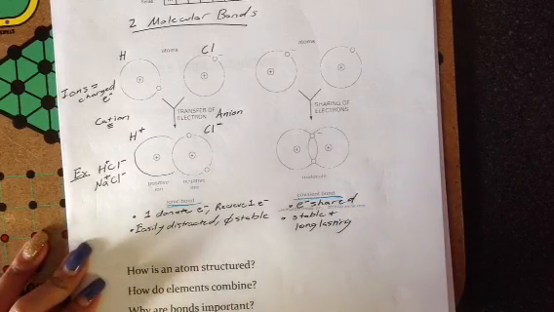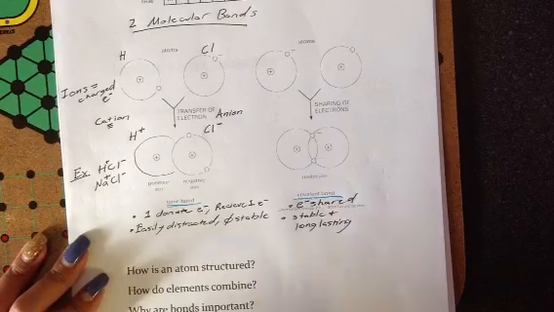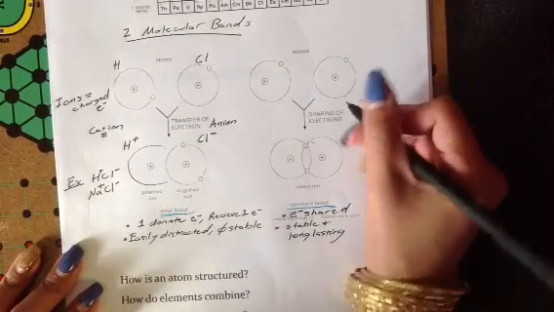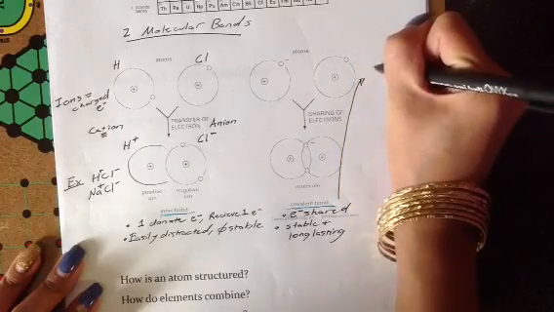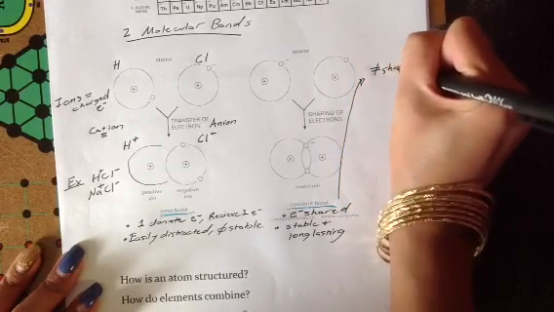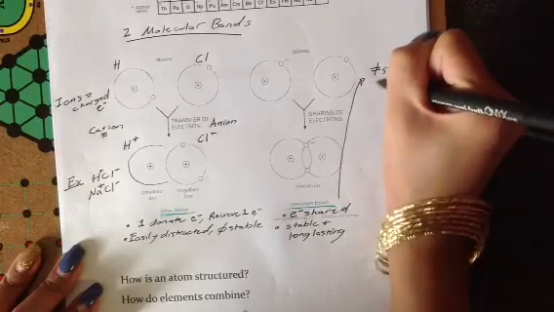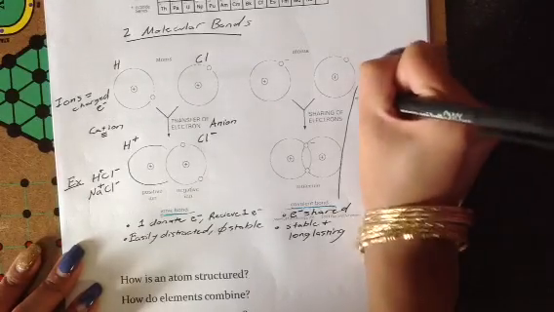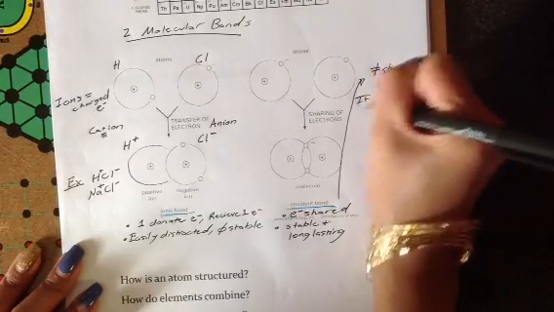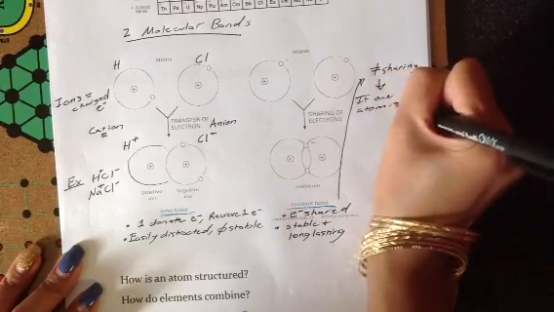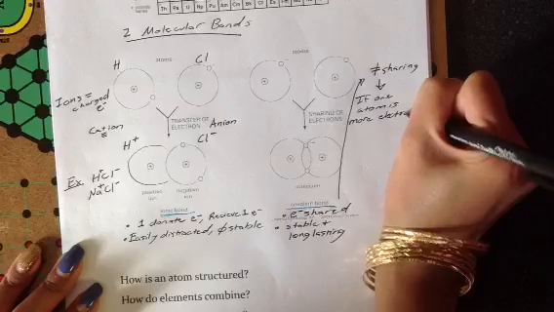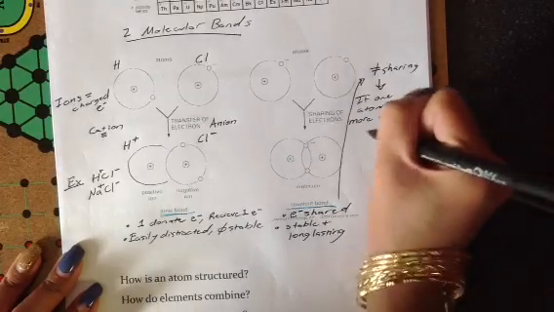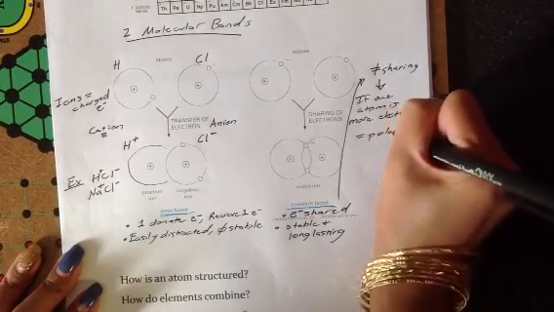However, even when they're being shared, sometimes that sharing is not going to be equal. So if there's not equal sharing, if one atom is more electronegative, then it's going to create a polar bond.